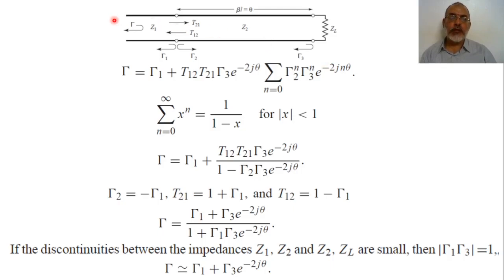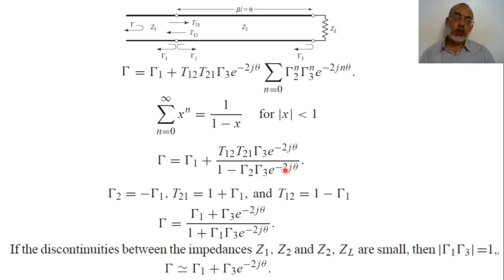So the total reflection at the first transmission line equals the reflection from the first interface gamma 1 plus T12 multiplied by T21 multiplied by gamma 3 multiplied by e to the power minus j2 theta over 1 minus gamma 2 gamma 3 e to the power minus j2 theta.